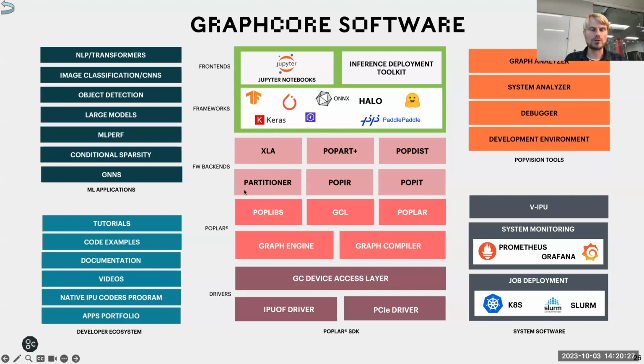This slide shows the overall software stack that gets you from notebooks and high-level frameworks down to the drivers and runtimes. In the case of TensorFlow, it goes through XLA, and for PyTorch, through PopART, which stands for Poplar Advanced Runtime.